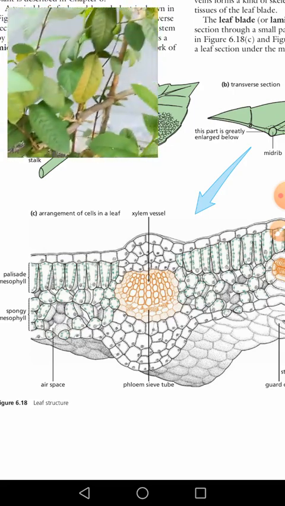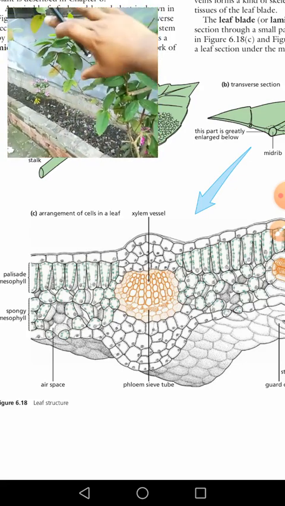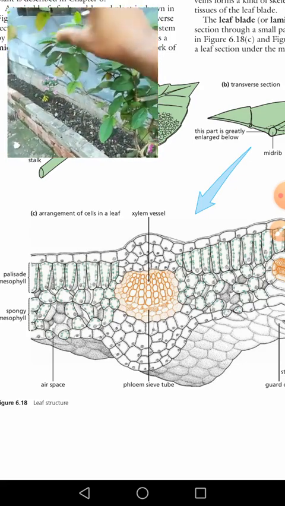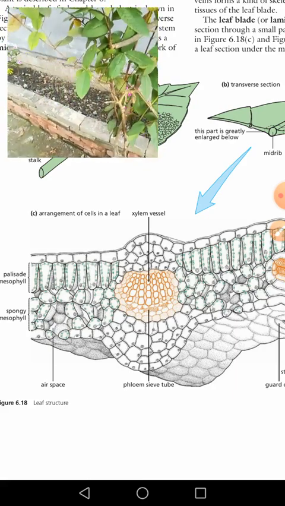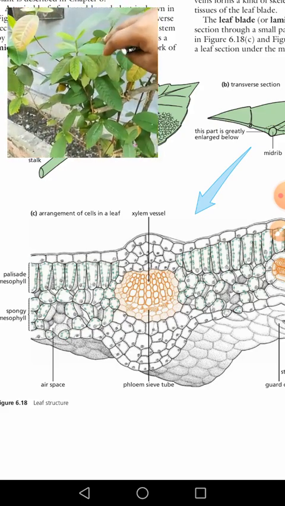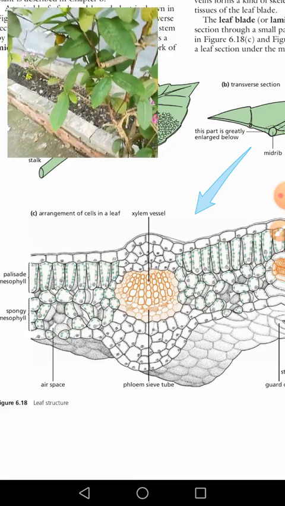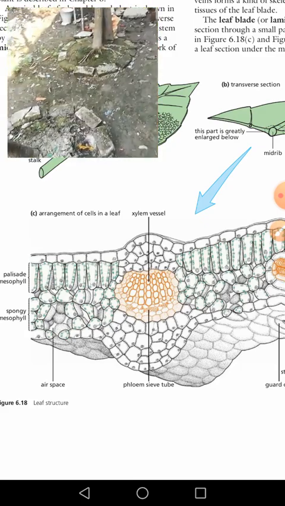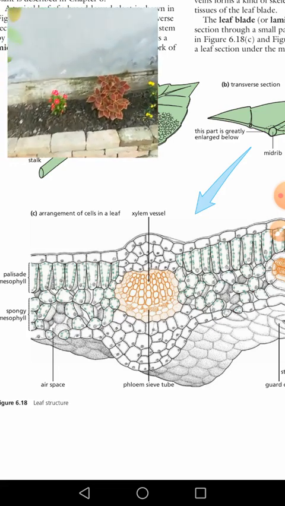From each and every leaf, xylem goes up to the roots, and phloem is the same. Phloem is also distributed from the leaf all the way down to the roots.